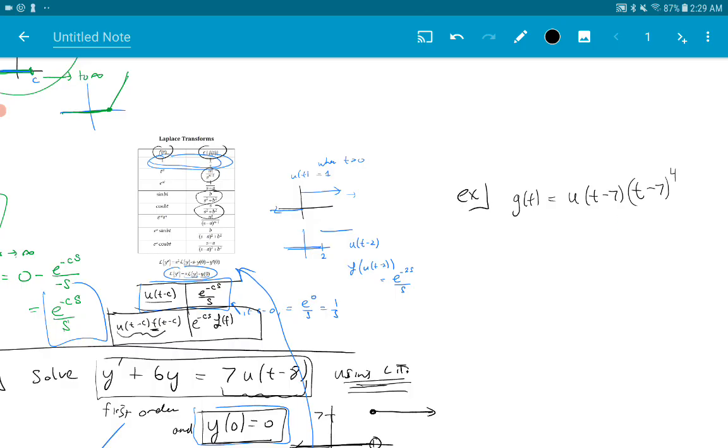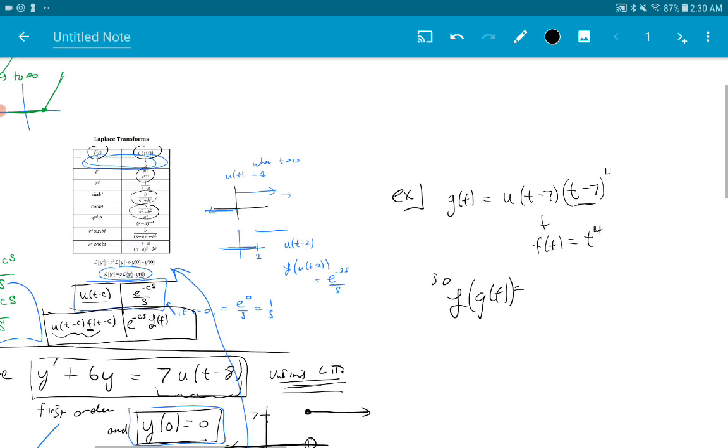Where f of t is t to the 4th, and we simply replace t with t minus 7 here. So the Laplace transform of that function, g of t, would equal e to the negative 7s times the Laplace transform of t to the 4th.